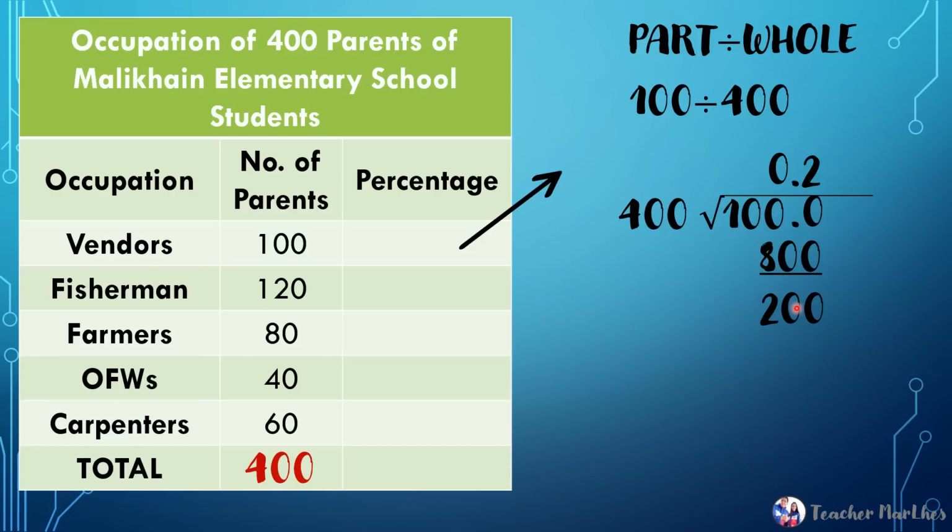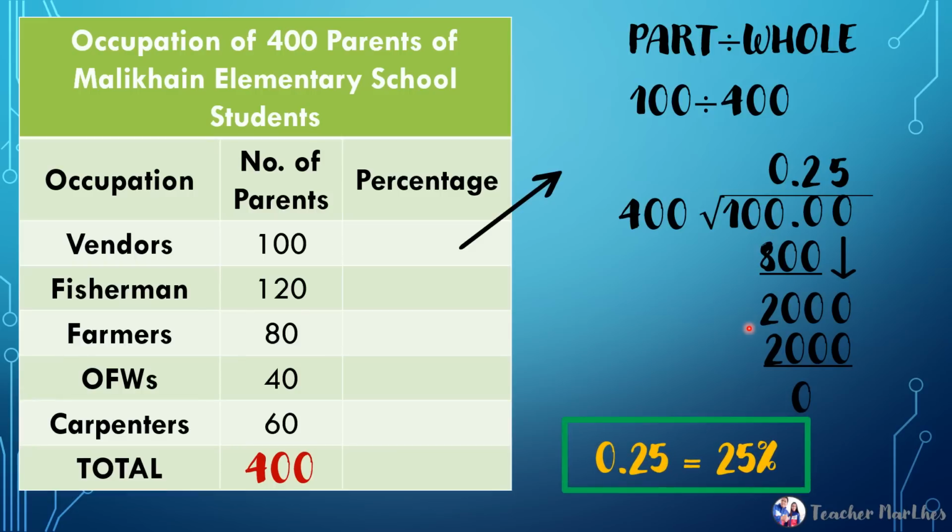We have a remainder, so we add 0 and bring down 0. 2,000 divided by 400 is equal to 5. Then, 5 times 400 is equal to 2,000. Subtract: 2,000 minus 2,000 is equal to 0. So, the quotient is 0.25. We need to convert 0.25 to percent.